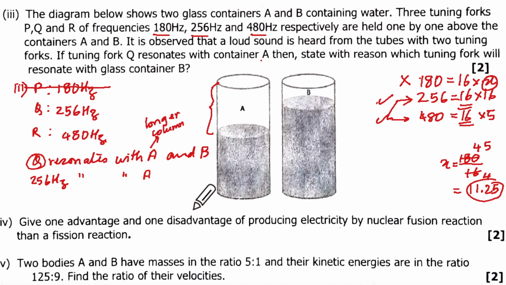And B has a shorter air column. Agreed? So with B, it will have to be a larger frequency, no? Therefore B resonates with a larger frequency.